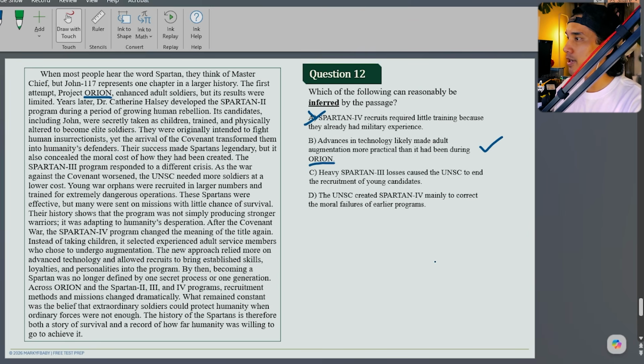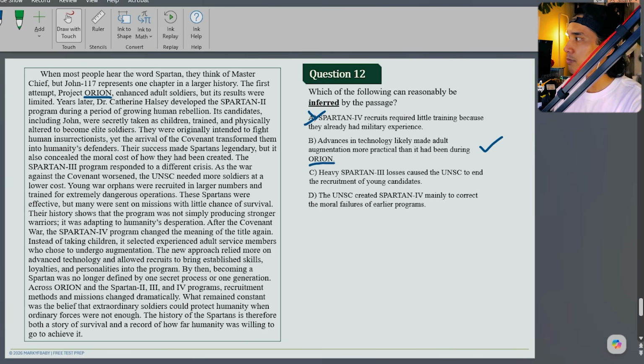So answer choice C, it says here, heavy Spartan 3 losses caused the UNSC to end the recruitment of young candidates. And that is wrong. That is incorrect because it assumes a cause the passage never gives, right? The passage says many Spartan 3s were sent on missions with little chance of survival.